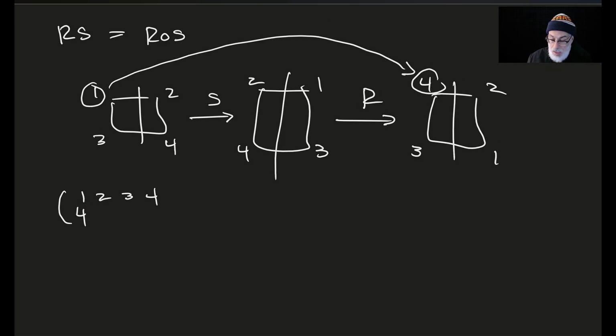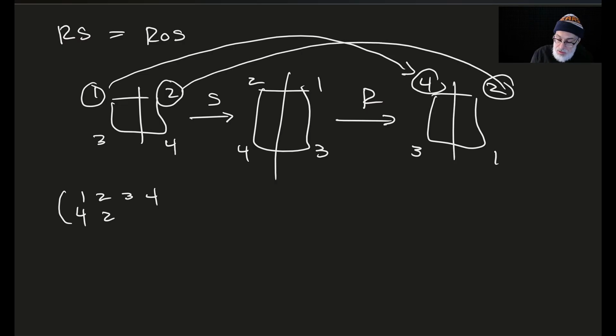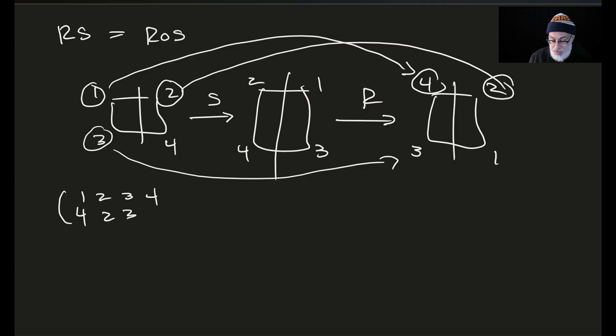Apologies, there was some lag. All right, so then 2 goes to itself, right? 2 ends up at 2, so even though it travels, it doesn't really end up anywhere. Same with 3. 3 goes to itself. So after all that, 3 stays fixed. And then 4 and 1 switch. So this is sort of a permutation matrix. It tells us where it goes. 1 goes to 4, 2 stays, 3 stays, 4 goes to 1.